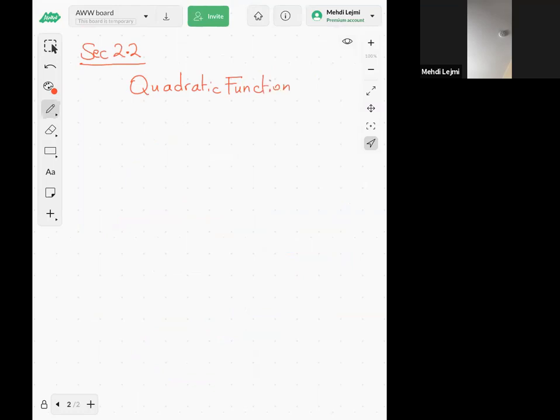The goal of this section is just to know how to graph quadratic functions. It's a very short section, actually. So this section is also included in the test, plus chapter 1.